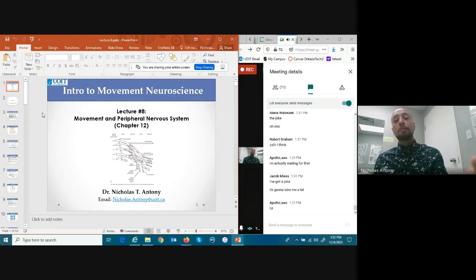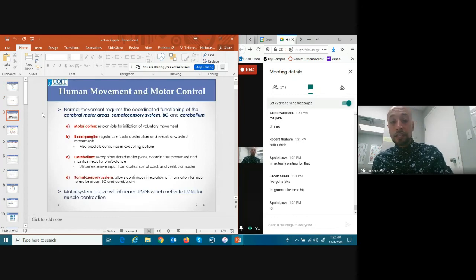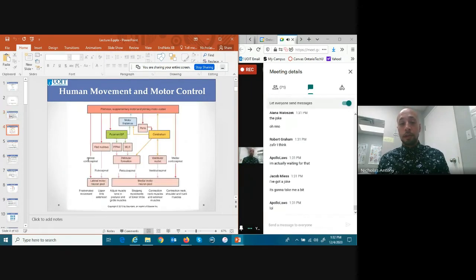So when we talked about movement in the peripheral nervous system, this slide summarizes our control of movement. These are the areas that we talked about. And then when you look on this slide, it's showing our different tracts. Here's the medial corticospinal, vestibulospinal, reticulospinal, cerebrospinal, lateral spinal.